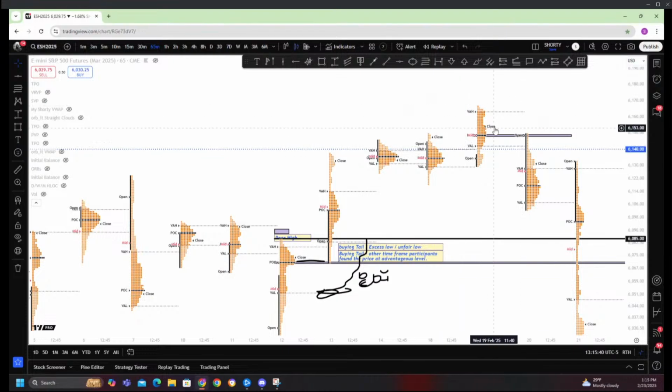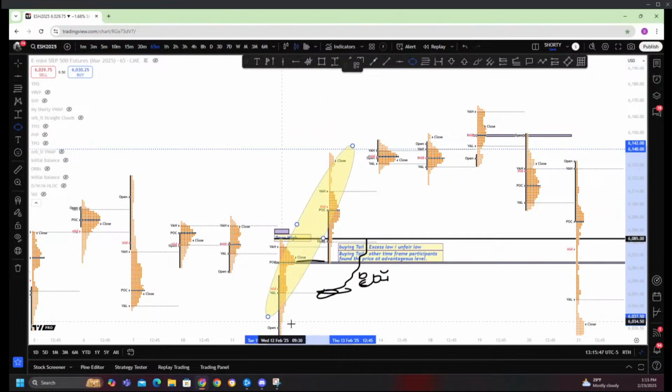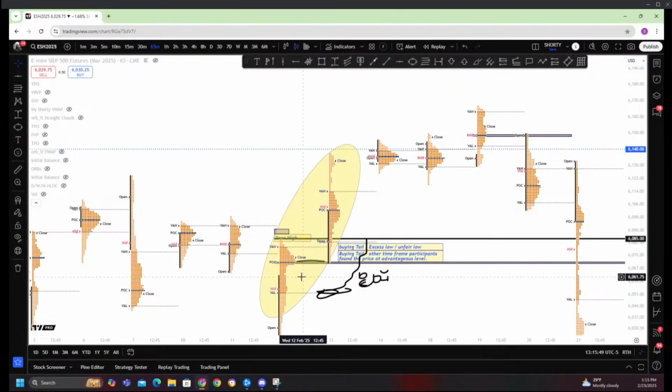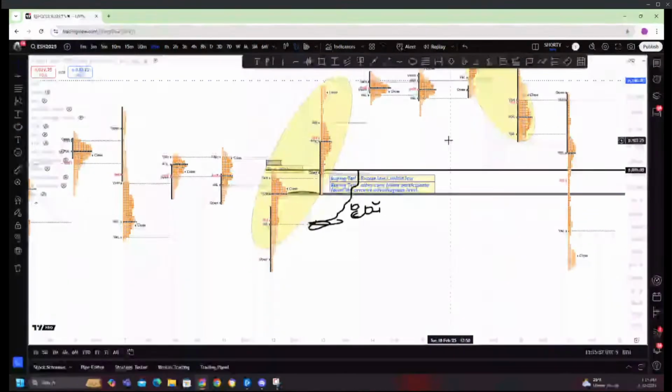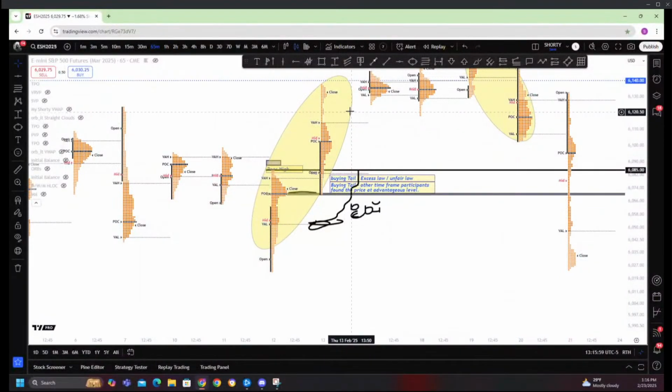They were not accepting this value, so they went lower. Kind of opposite of what's happening between these two. They wanted lower and they wanted higher prices here, but they got rejected in both. They got rejected lower, they got rejected higher here. That makes sense? Yeah, that part makes sense, but the day up top, that's not a poor high.